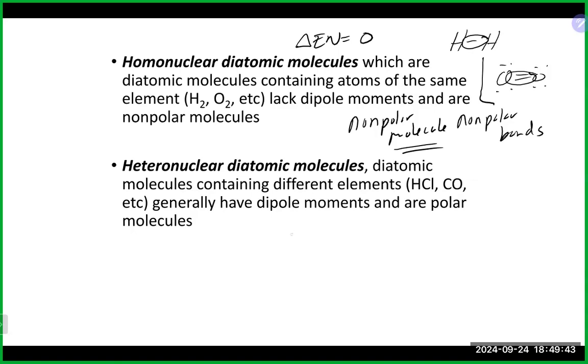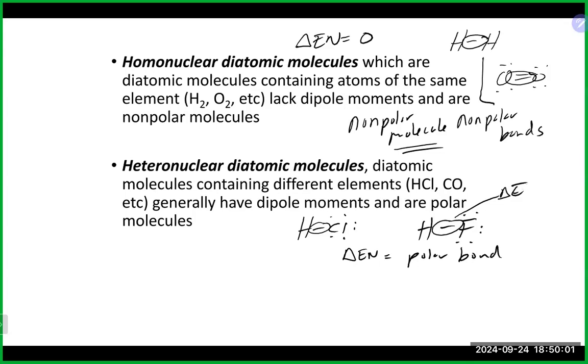Same thing down here. If we looked at HCl, HF that we talked about earlier, when we look at these bonds here, we will do our difference in electronegativity and we will end up with a polar bond. For example, the difference in electronegativity of this guy is 1.9, which makes it quite polar.